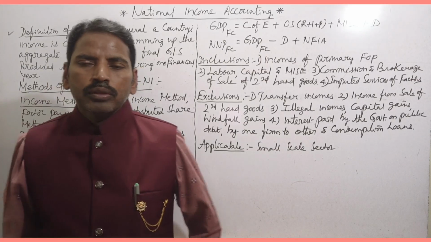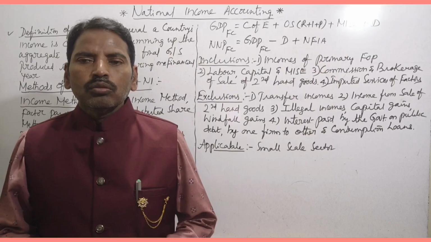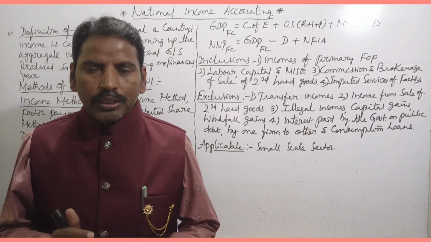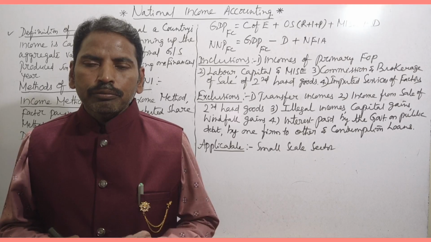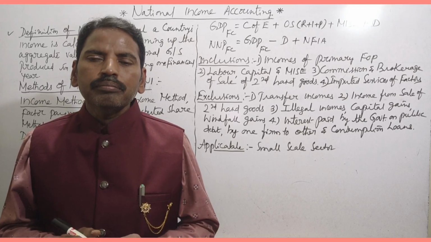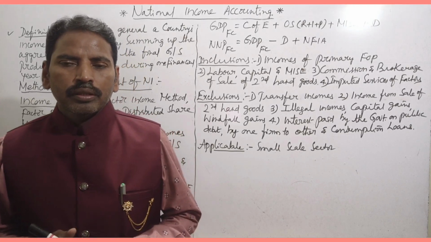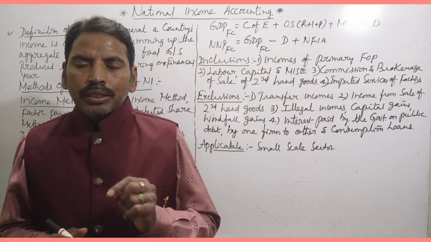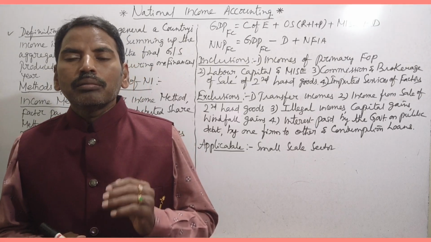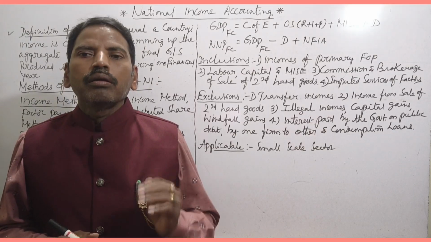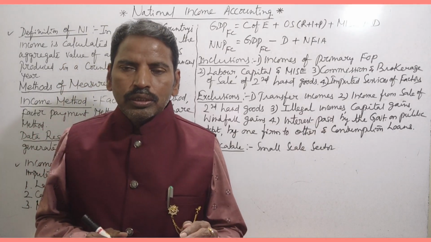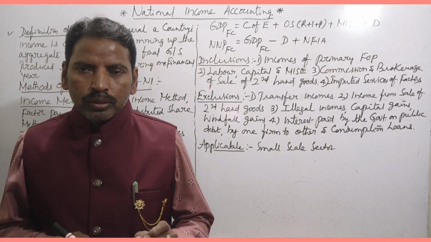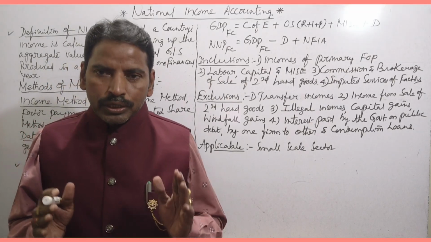In this video, we will understand what is national income accounting or what is national income, and the methods of measurement of national income. National income means the total market value of all final goods and services produced in a country during a given period of time, usually one financial year.